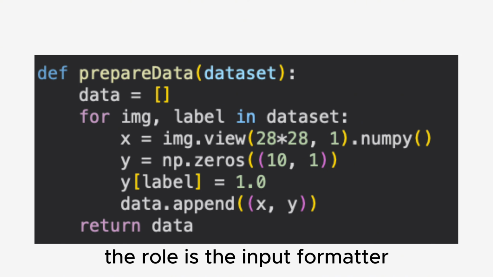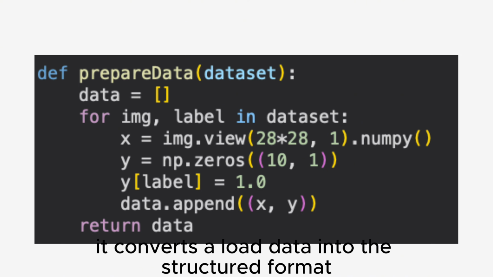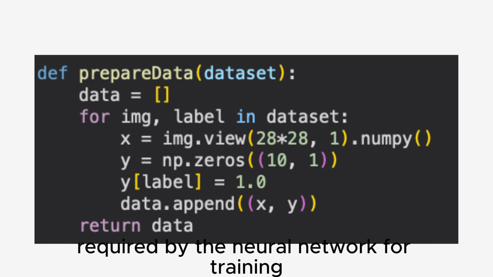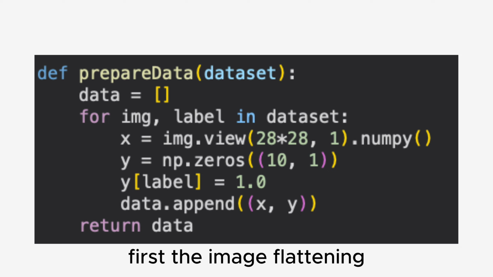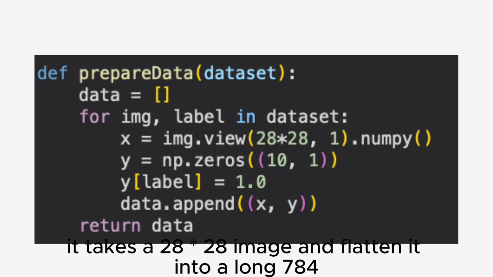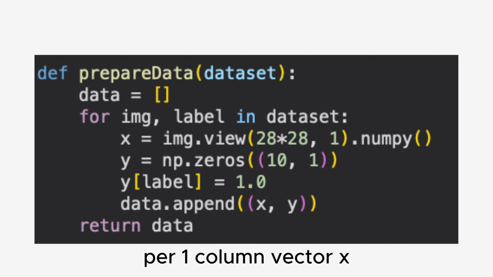The load data function. The role is the input format. It converts raw data into the structured format required by the neural network for training. Process: first, image flattening. It takes a 28 times 28 image and flattens it into a long 784 by 1 column vector x.